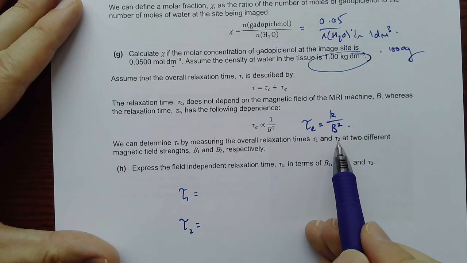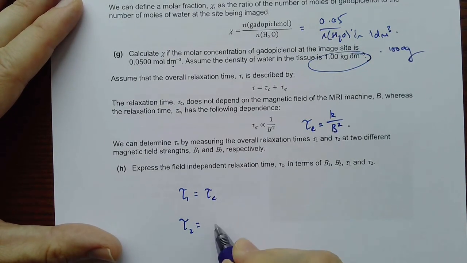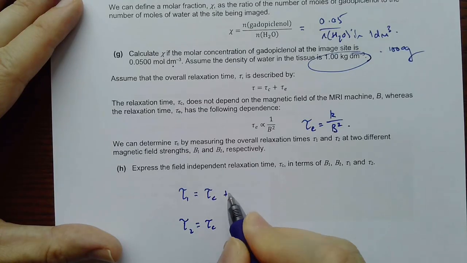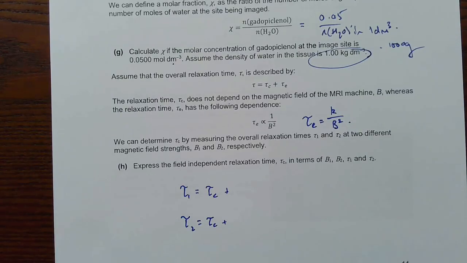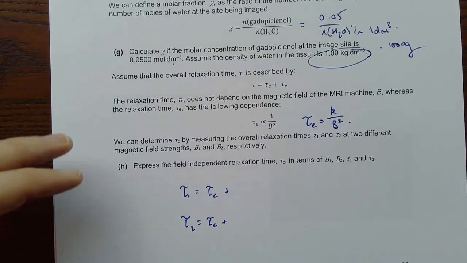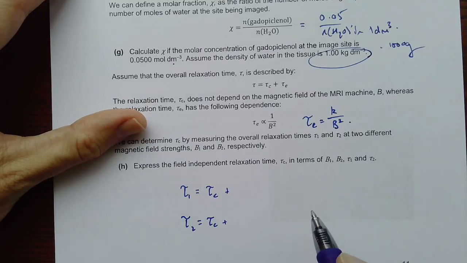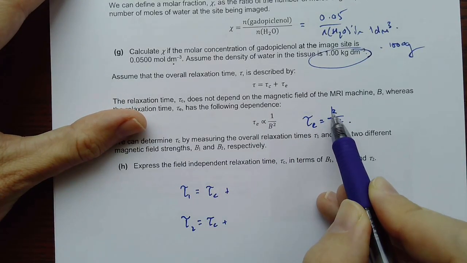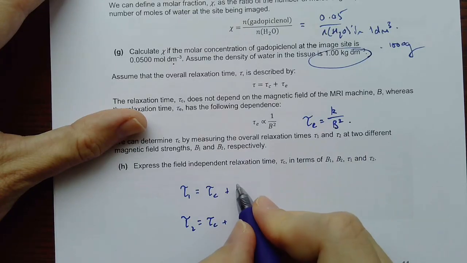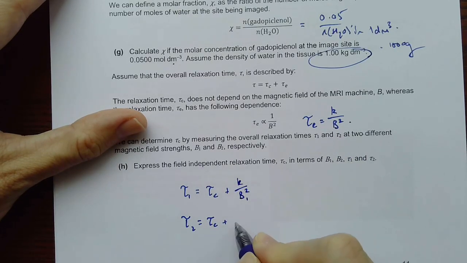So tau 1 and tau 2 are two different magnetic field strengths, but tau c does not depend on that, whereas tau e does change. So I could write tau e1 and tau e2, but I know that tau e is equal to k over b squared. K is a constant, b is my magnetic field strength, so I can just write k over b1 squared and k over b2 squared.